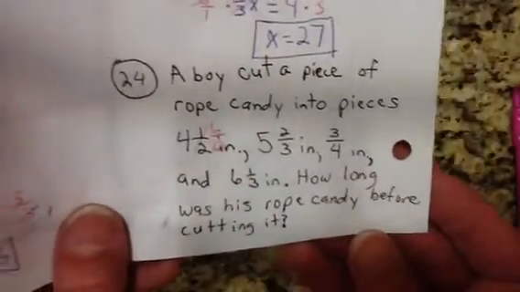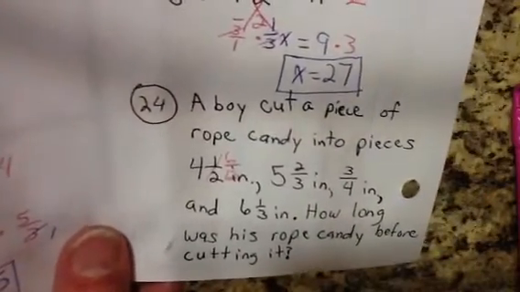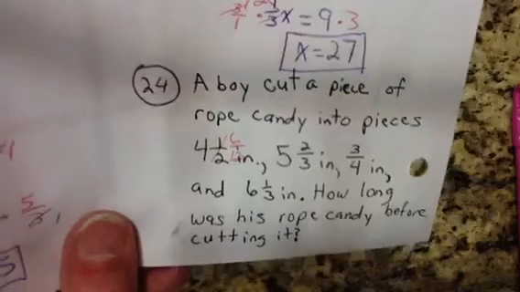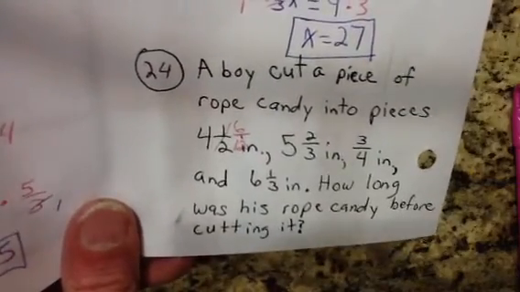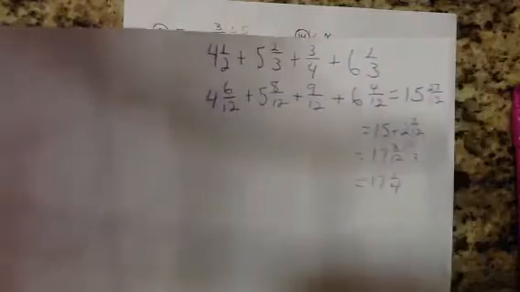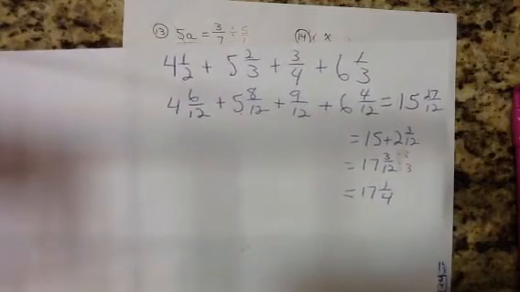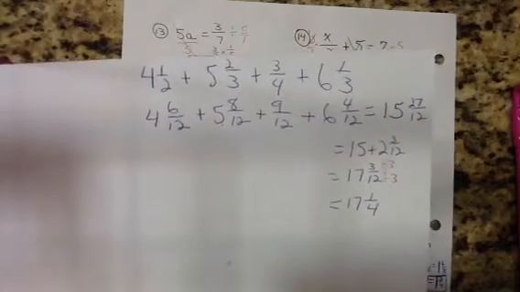And 24 was a word problem. A boy cut a piece of rope candy into pieces. How long was his rope candy before cutting it? So basically you have to add all those pieces together. So here's the solution. There's all the fractions. Notice I had to get a common denominator for each one.